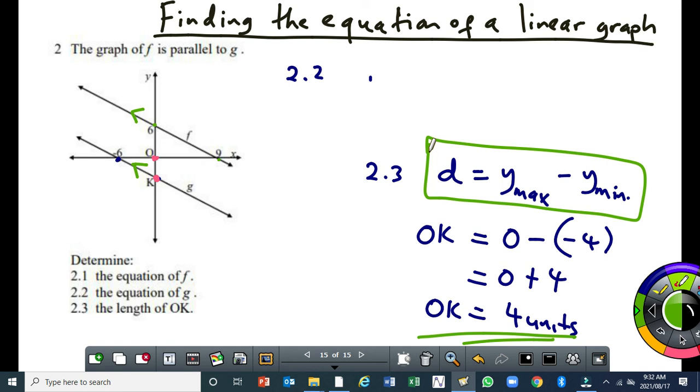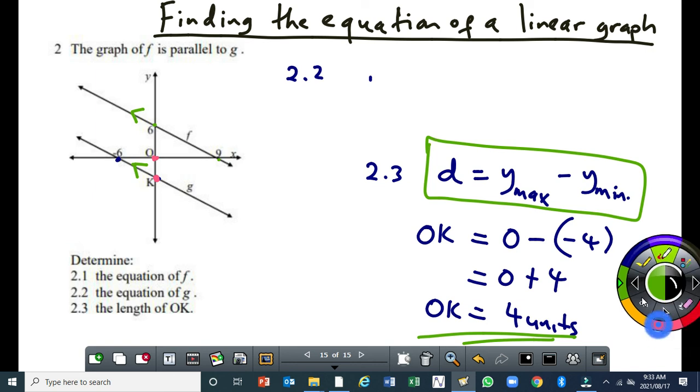And that formula is very important because in the near future you're going to encounter questions where you have to calculate a distance between 2 points on a graph. If it's a vertical distance, then it's a piece of cake. You just use this formula. If it's a horizontal distance, then let me just write it for you. For horizontal distance it will be d equal to x max minus x minimum.